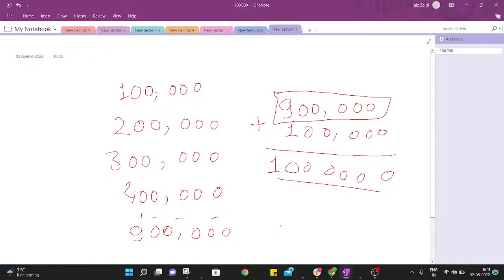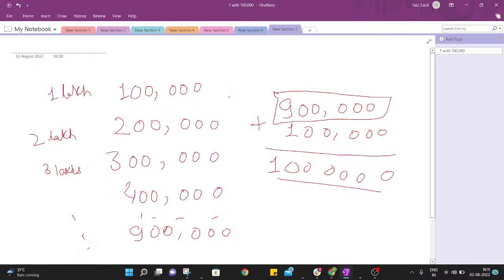So now we have got 1 million, or we can say we have got 10 lakhs, because this is 1 lakh, this is 2 lakh, this is 3 lakhs, and so on.